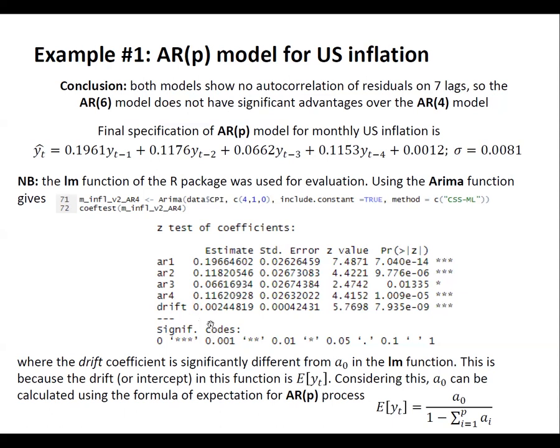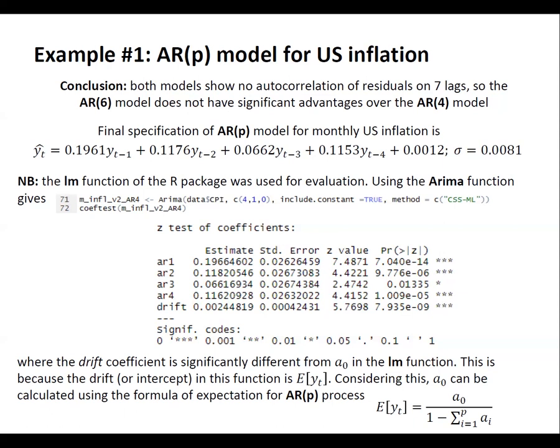You need to carefully read the help for the ARMA function in R, and then you will see that in the ARMA function, under the drift coefficient or intercept, depending on which query you enter, a sample mean of the analyzed time series is presented. And when you have a sample mean for the analyzed series, you can calculate the coefficient A0 from the formula for the mean of the ARP process.